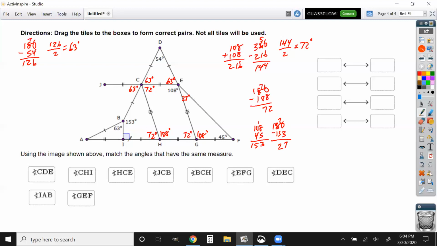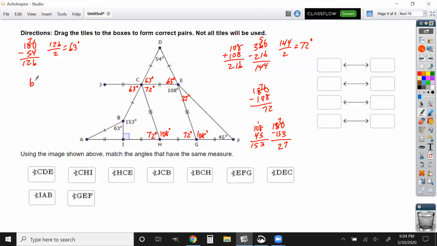Let's see, what else am I missing? I need this angle right here. Here's a quadrilateral again. So that would add up to 360, or I could do this. See these three angles, this angle, and this angle. Those three would add up to 180. So I think I'm going to use those.